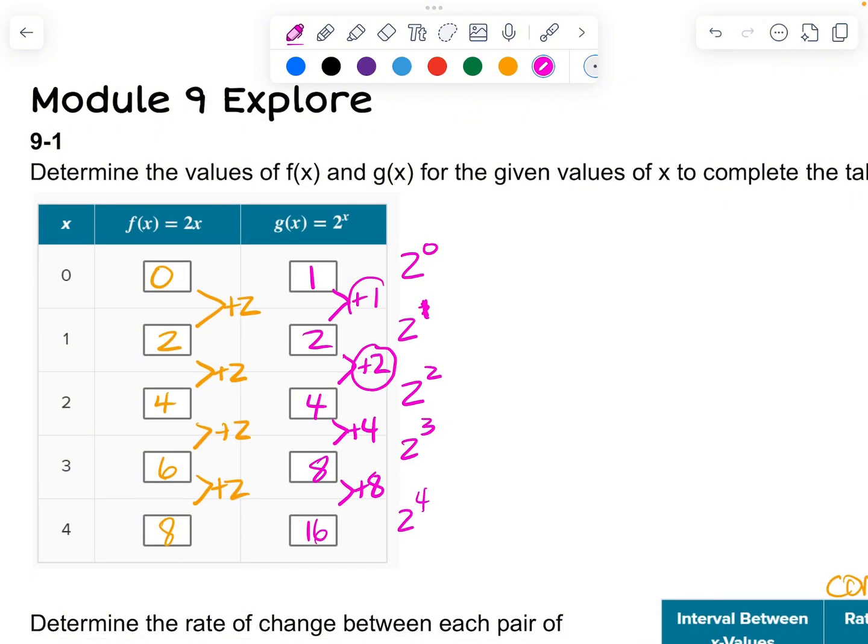Oh, that's interesting. Why is it doing this?